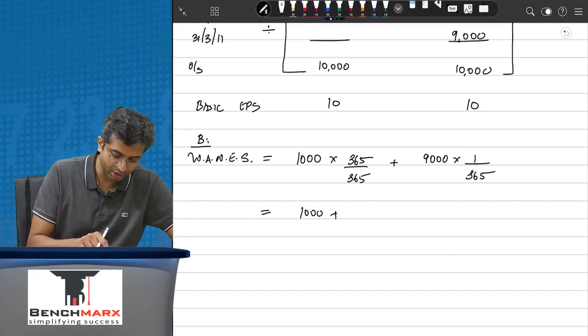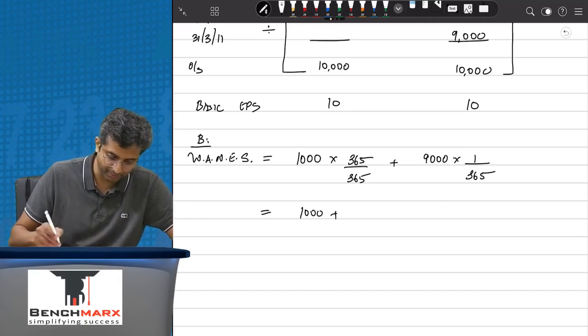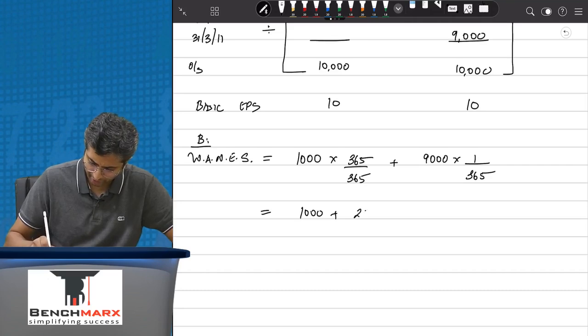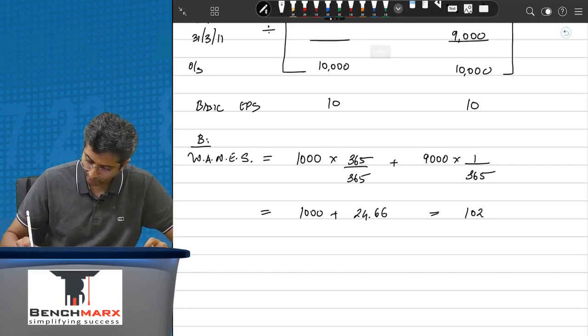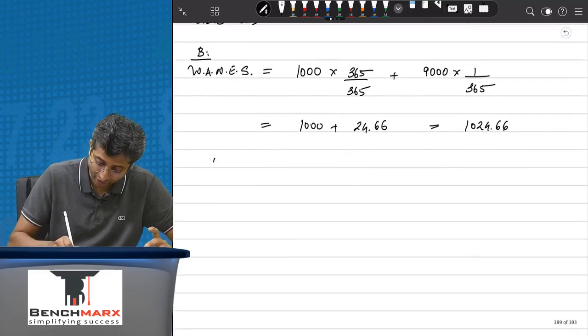So this is 9000 divided by 365, which is around 24.66. Here you can even take this in decimals, that is fine. So this is 1024.66. This will be your weighted average number of equity shares.